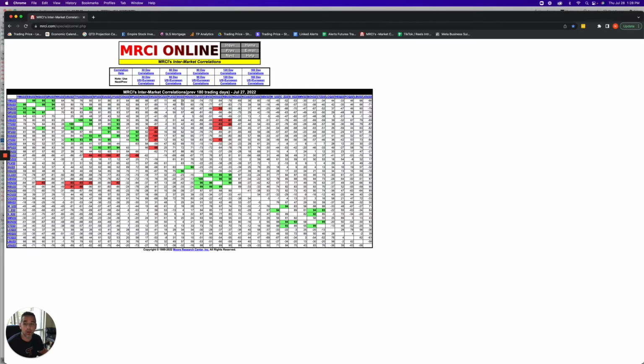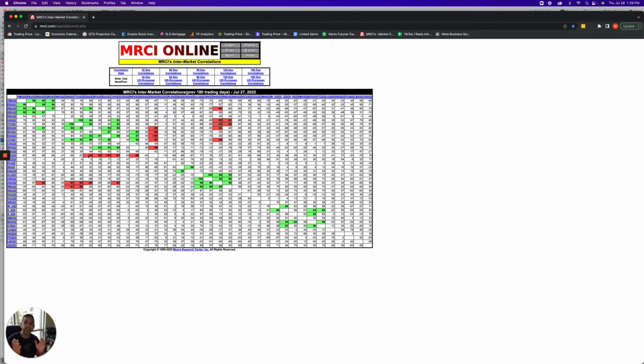And so I love MRCI to tell me what's been going on for the last 180 trading days. What you can see here is we have all these assets at the top, all these assets on the side. And when I look at the US dollar, I can see that it's negatively correlated with the Eurodollar, the Swiss franc, the euro, and the Japanese yen above 95%.